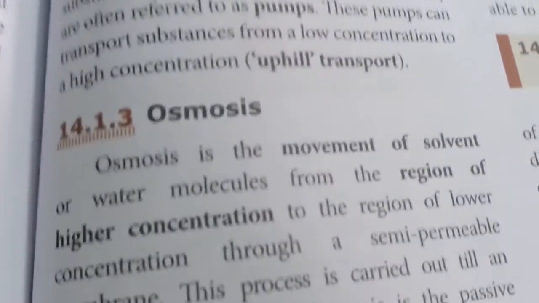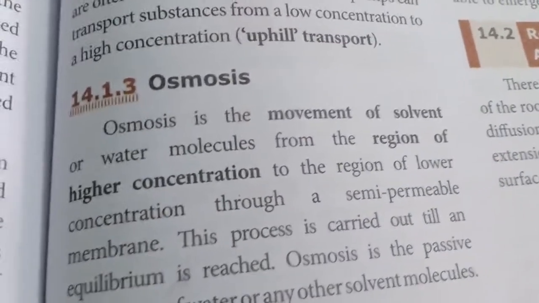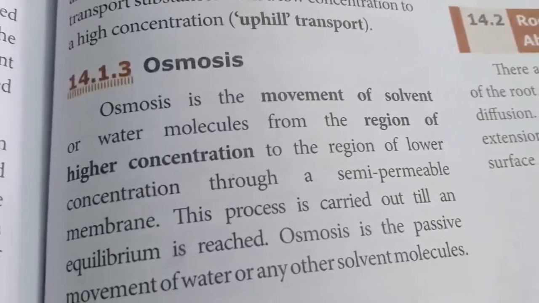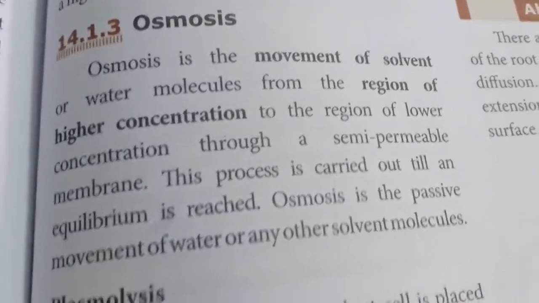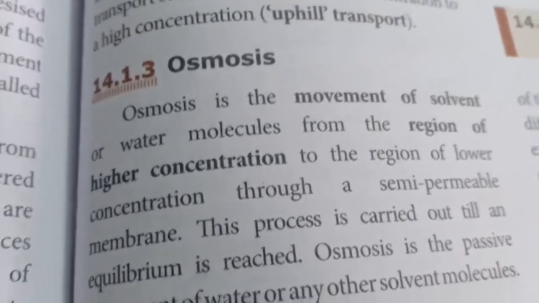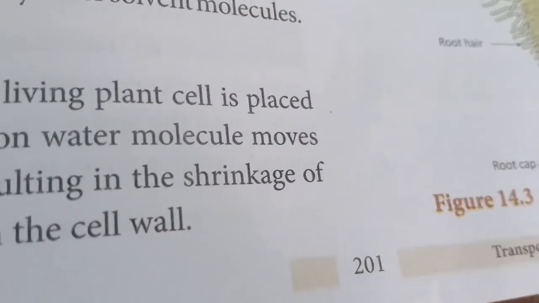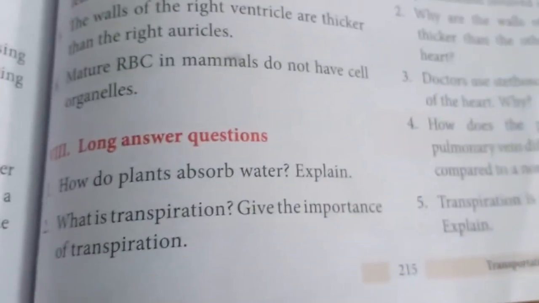Then comes osmosis. Osmosis is the movement of solvent or water molecules from a region of higher concentration to a region of lower concentration. So you have to explain these two processes for the transportation of water, which you find on page number 201. Let's discuss the next long answer.